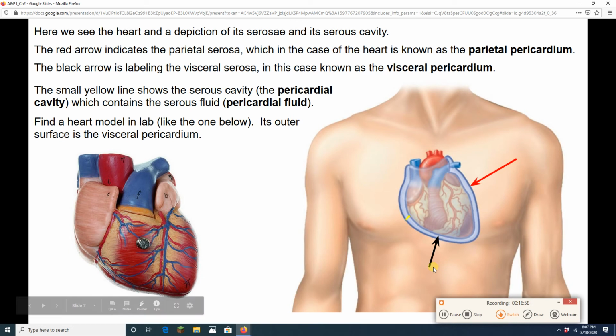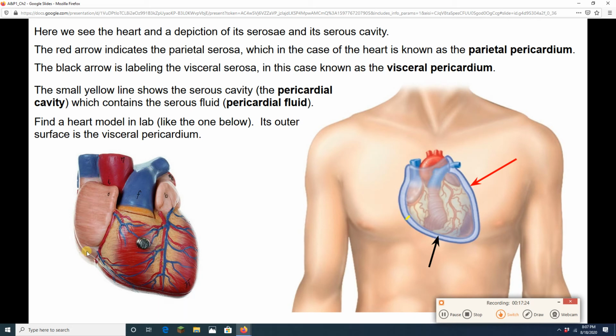The red arrow is on the outer serous membrane. Because it is the outer one, it's parietal. It's the parietal pericardium. The little yellow line shows us a small space between those two layers. That's the pericardial cavity. And inside there we would find pericardial fluid for lubrication.